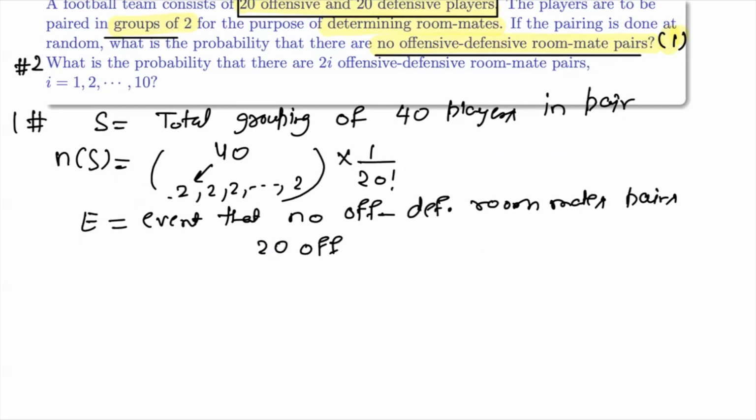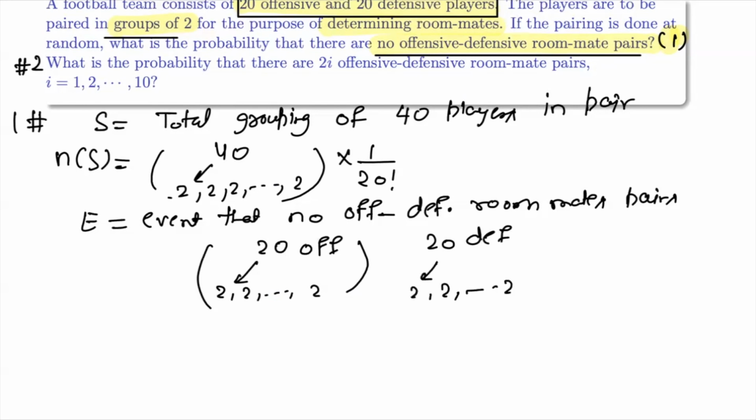They are going to be having 10 groups of 2, 2, and 2, and 20 defensive players. You are going to have 10 groups of 2, 2, and 2. I hope this is the situation, because you cannot have offensive defensive roommates together.